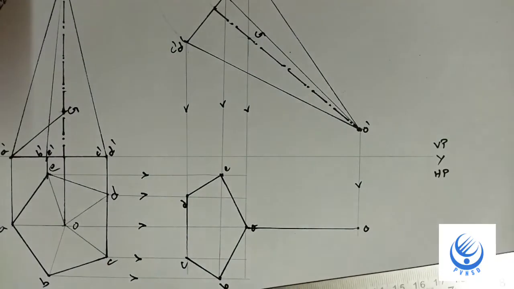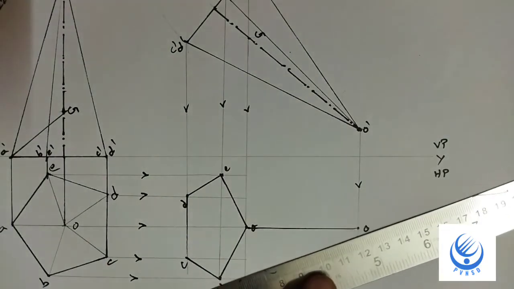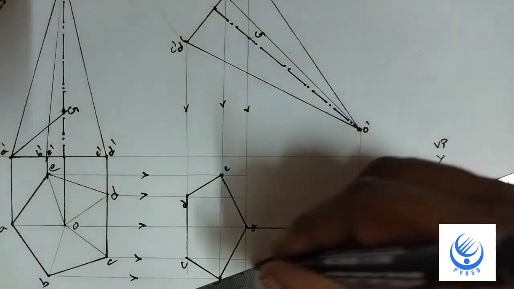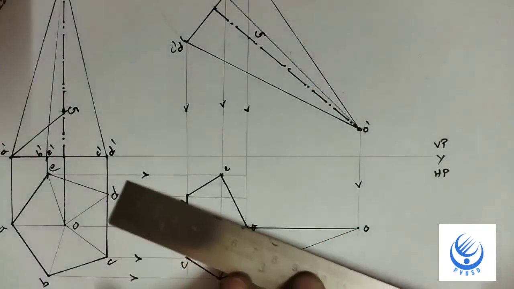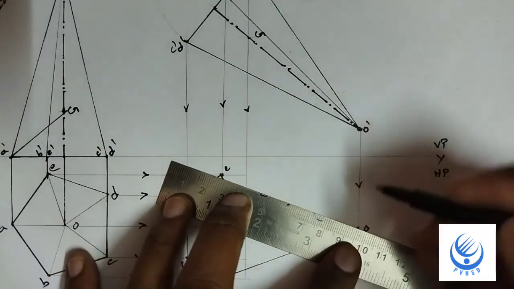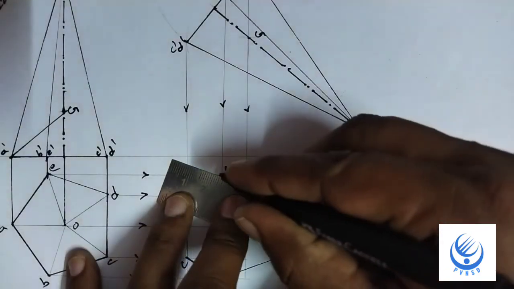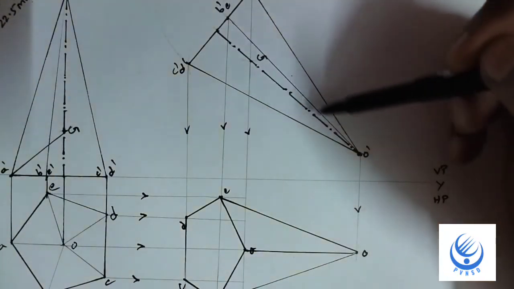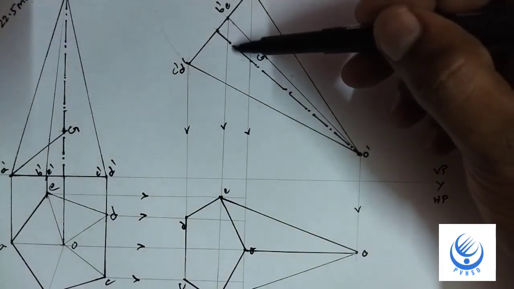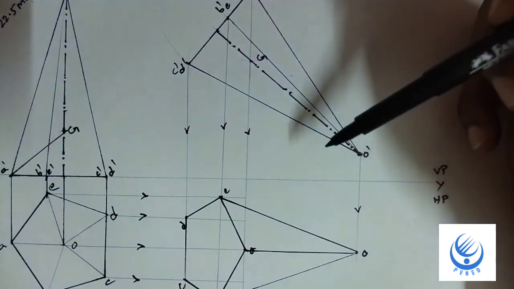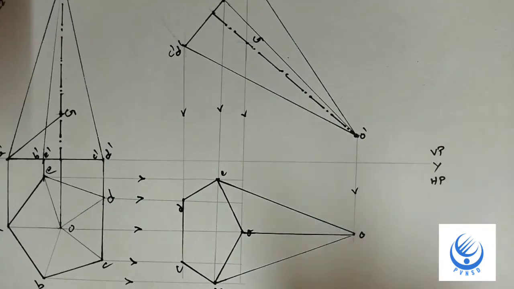The next BO is also visible. The next EO also visible. Okay, that's the remaining portion. Bottom of the center line, that is below the center line, CD. That's CO dash and DO dash are invisible. Okay.